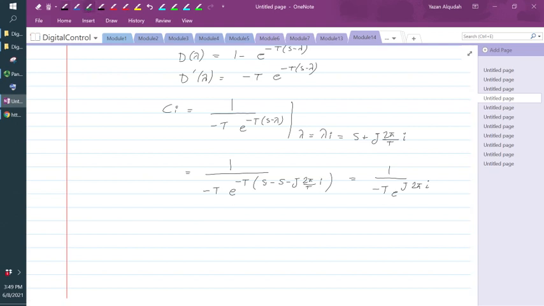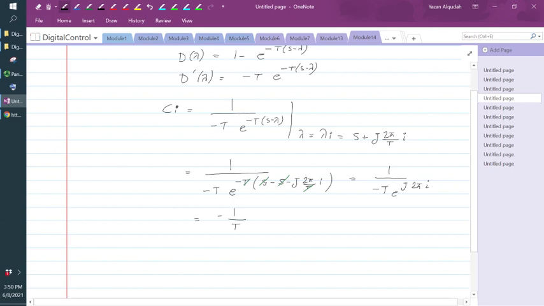The negative is going to become positive, so 1 over negative t multiplied by e to j 2 pi multiplied by I. And what is this going to equal? This is going to equal negative 1 over t. So therefore, the residue that I'm going to get is going to equal negative 1 over t.